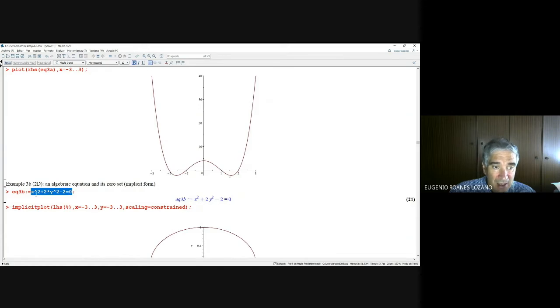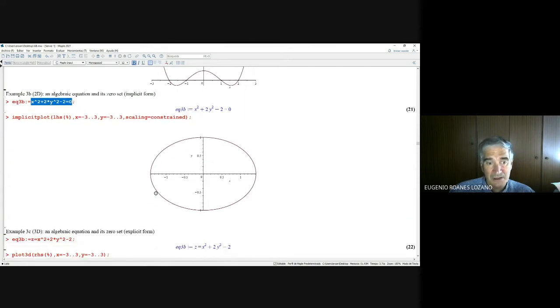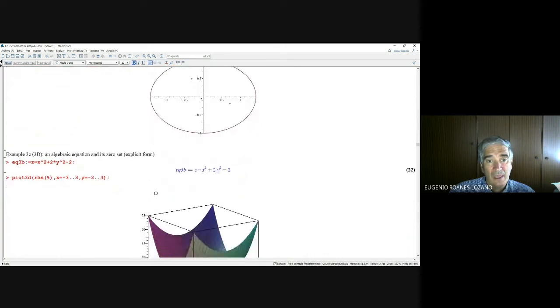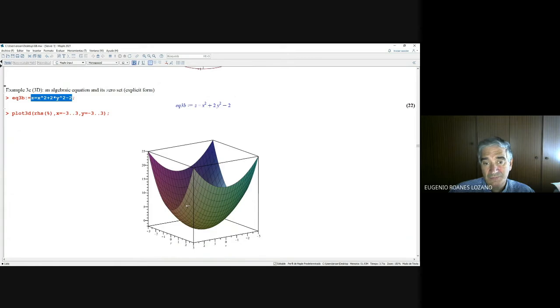Here, the x and the y are mixed on one side of the equation, and you can obtain from there the expression of y in a polynomial form. And in this case, we have an ellipse as zero locus. In the three-dimensional case, we have, for instance, in explicit form, equations like this. Here z is expressed as a polynomial function of x and y, and this would be the locus.